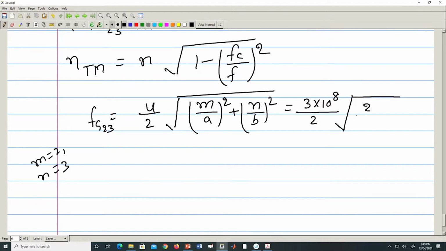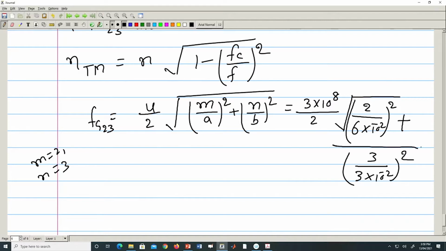So, we can substitute a is 6 centimeter, so 6 into 10 to the power minus 2, whole square plus inside the bracket 3 by, that is 3 centimeter, 3 into 10 to the power minus 2 whole square.